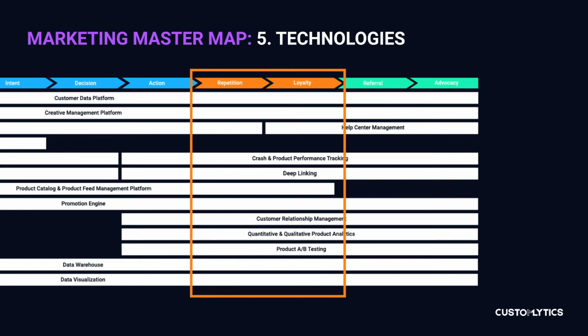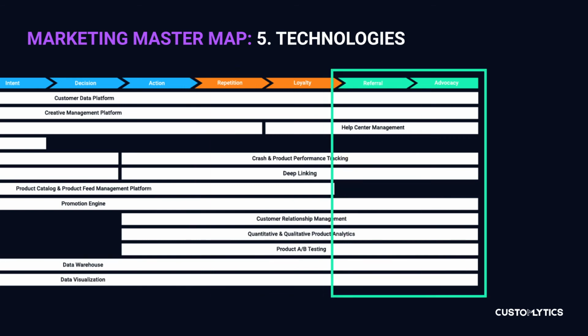If we move further down and look into the relationship management topics and the propagation topics, it's pretty much the same. Once you can have direct contact with the customer, all the technologies that are needed for it come into place and become very relevant. And that's what you see in the map here as well.